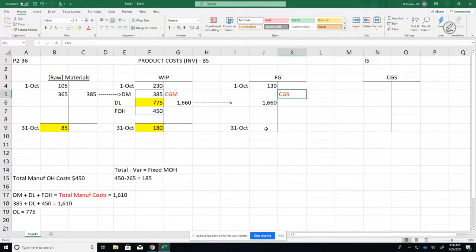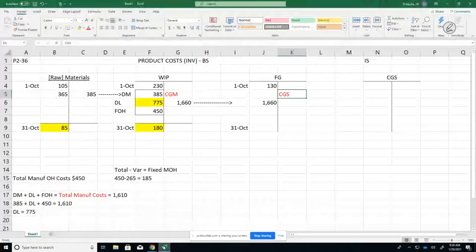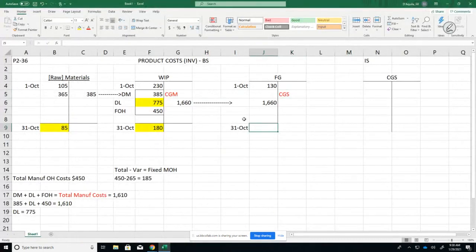You're close. So we started out with 130. Oh, 1790. Cost of goods manufactured. Oh, we're looking for cost of goods available for sale. So, all right, lost my spot. Cost of finished goods available for sale. I'm sorry. So we have a total of 130 plus 1,660. That's everything that we could sell.